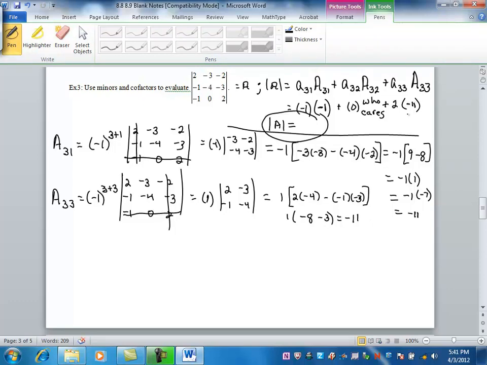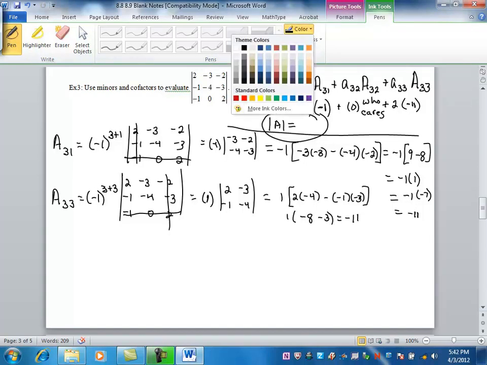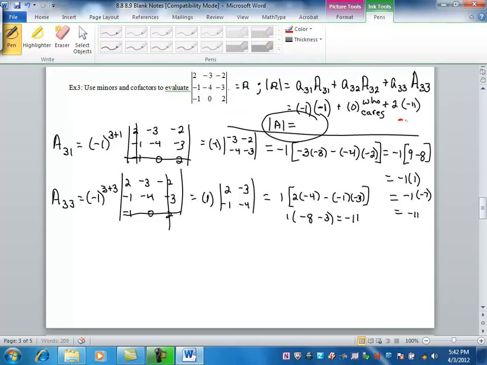So we're going to get negative 22 here, and let me switch colors. Negative 22 here. And I just noticed something, guys, and you guys have probably noticed this all along. Negative 1 to the 3 plus 1, that's going to be a positive 1, and so this needs to be a positive 1, and this needs to be a positive 1.